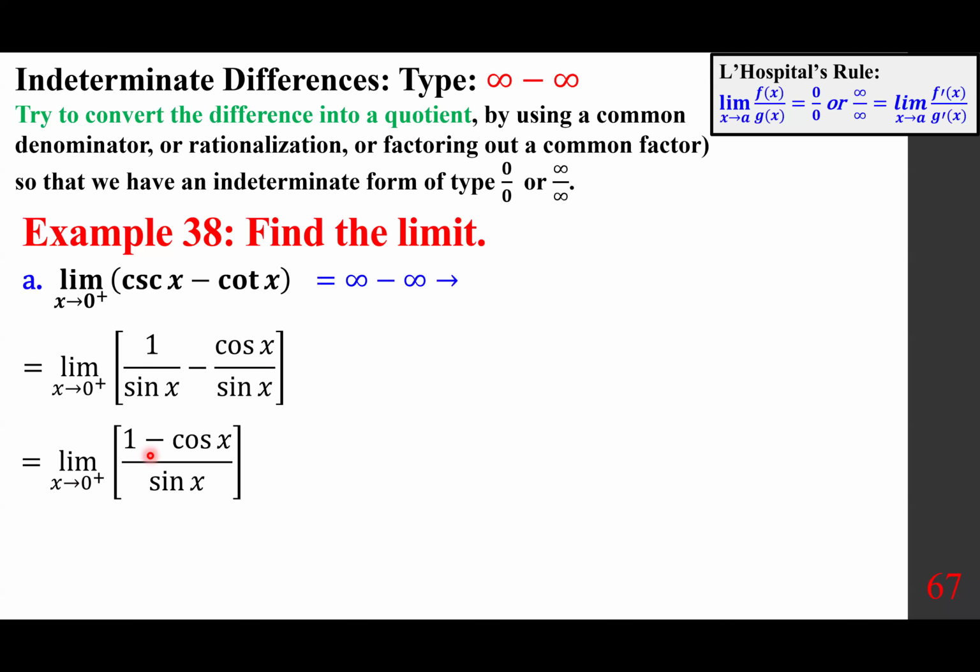If I plug in 0, cosine of 0 is 1, sine of 0 is 0, and 1 minus 1 over 0 is simply 0 over 0, which indicates we can use L'Hopital's rule.